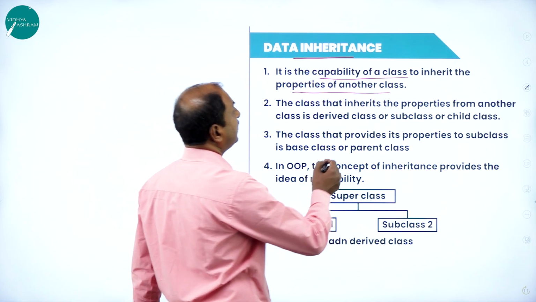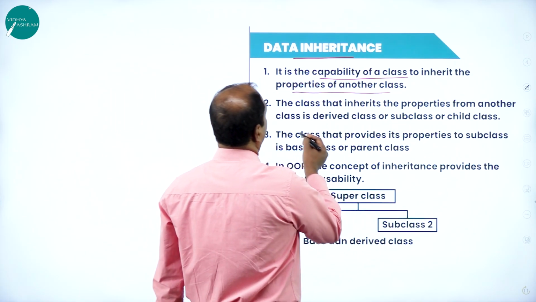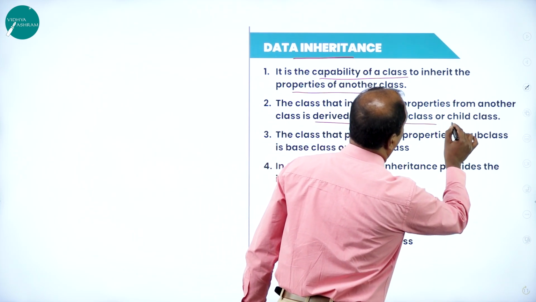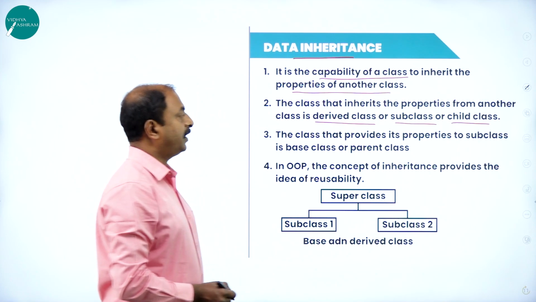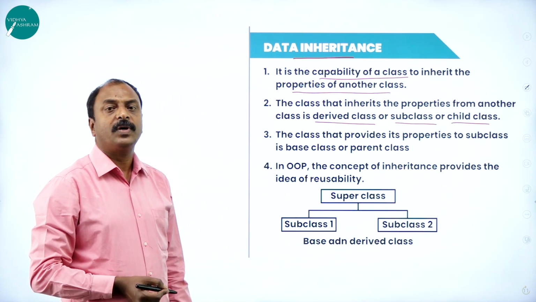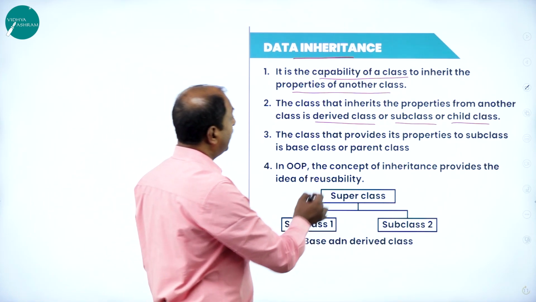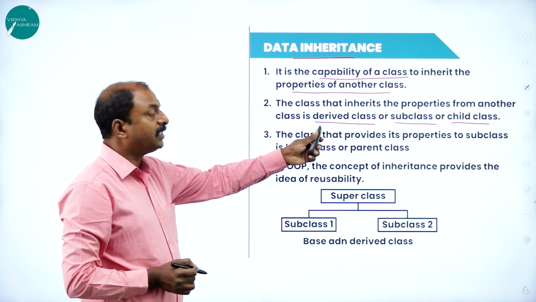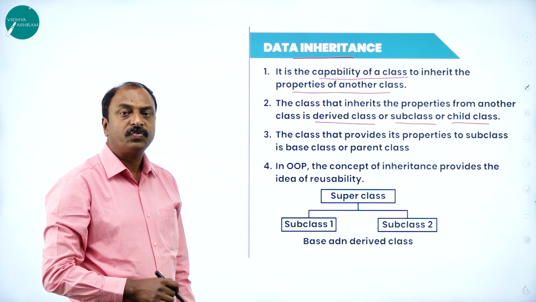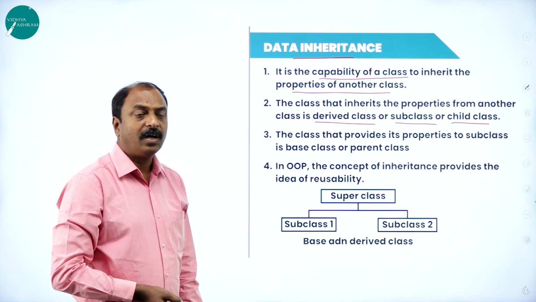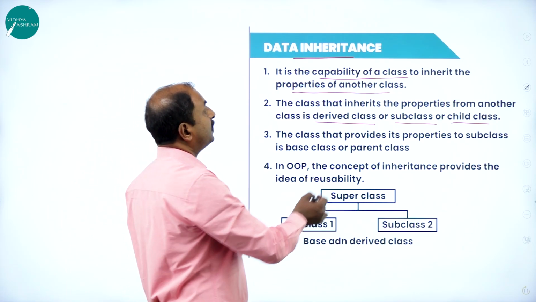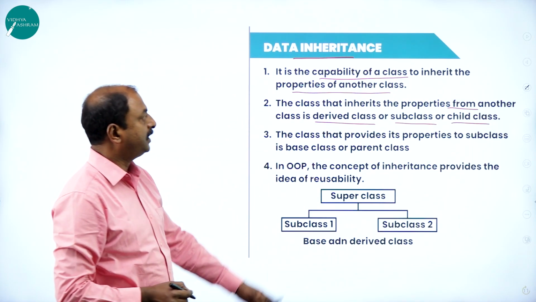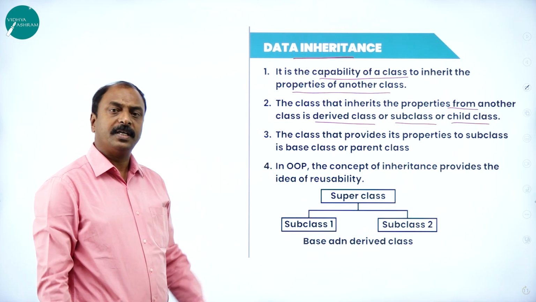Here, the class that inherits the properties from another is called a derived class, subclass or child class. There are two levels of classes. The class which acquires the properties from the parent class, or inherits the properties from another class, is called a child class, subclass or derived class.